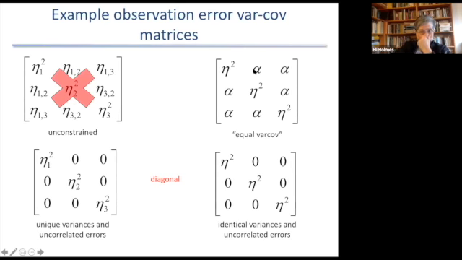Then another form that I could have is what we will call equal var covar. It's just equal variance and equal covariance. So now the variances are the same, but I'm going to allow that my observations are correlated with each other. That means that if I would tend to have, say, an overestimate in this observation, at the same time in this other area, I would tend to also overestimate.